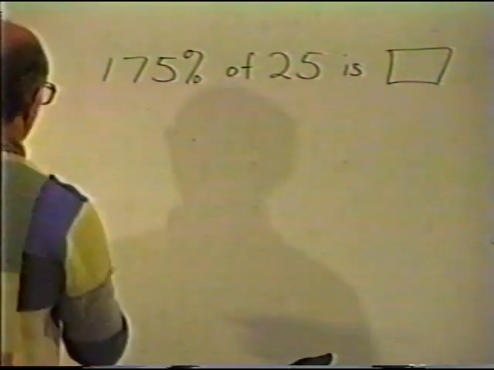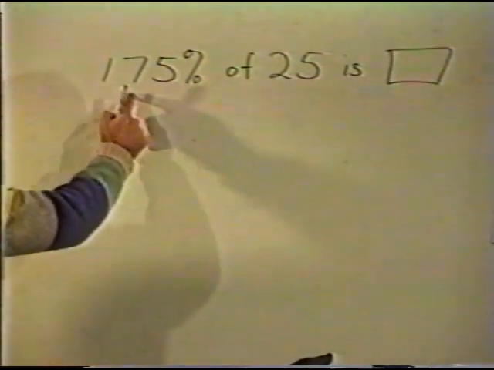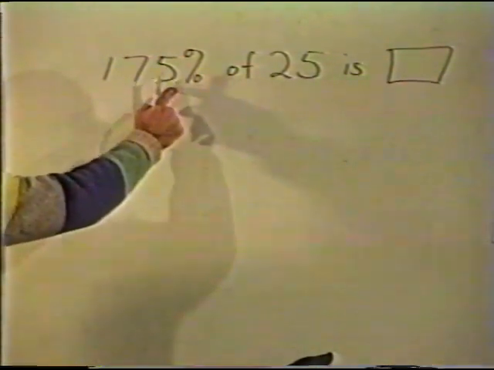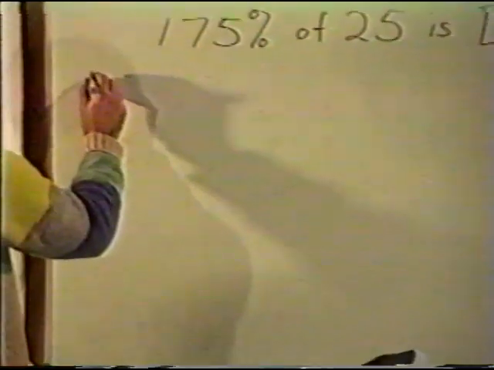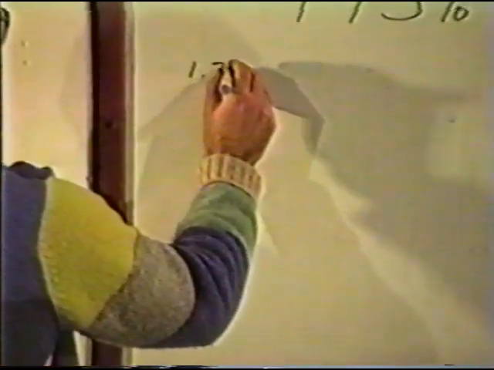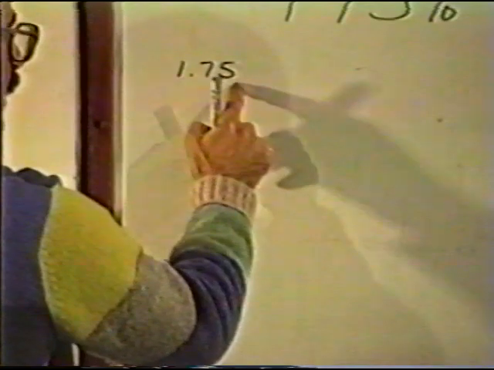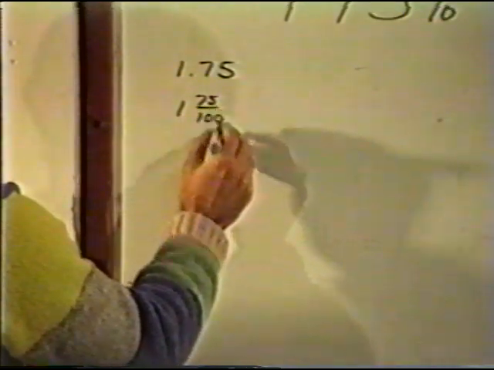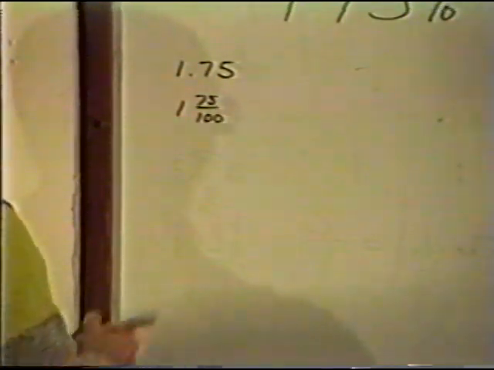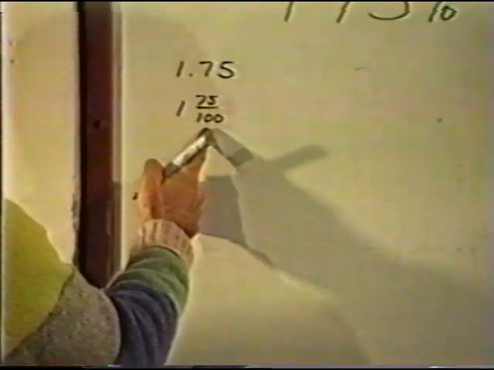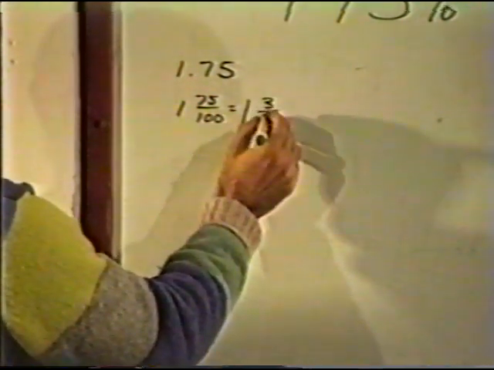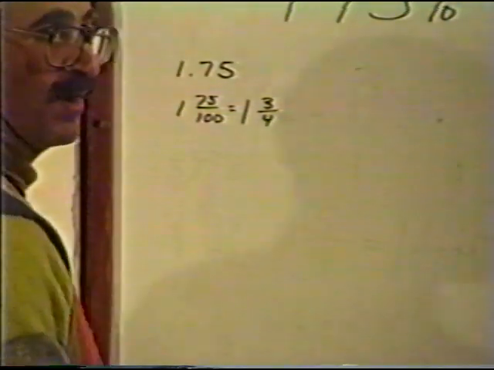Well, let's look at this percent, 175%. We can move the decimal point back 2 places and get 1.75. Read that to me. 1.75. And what does 75 reduce to? 3/4.